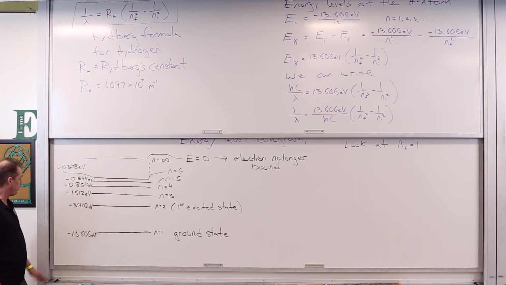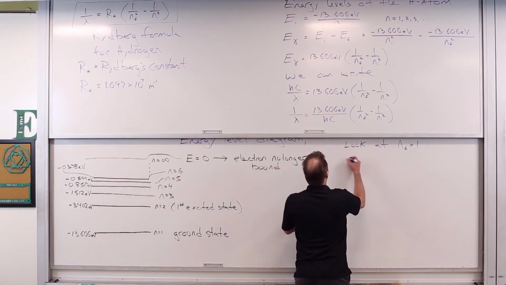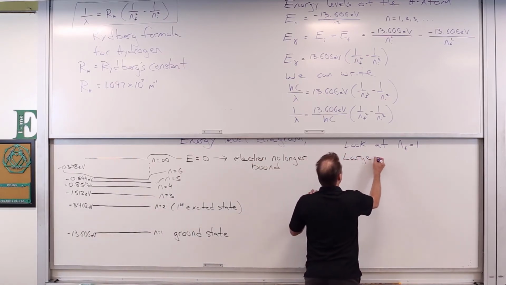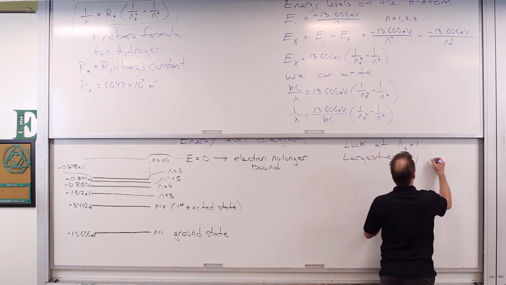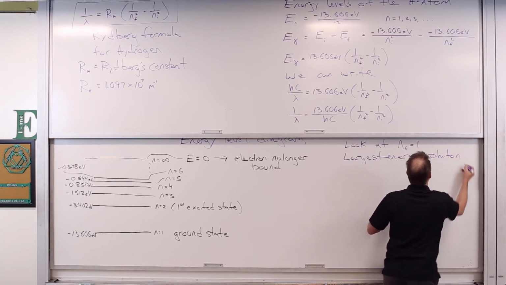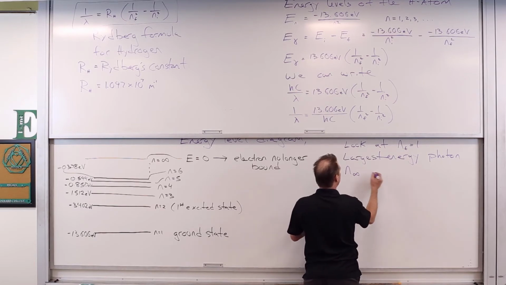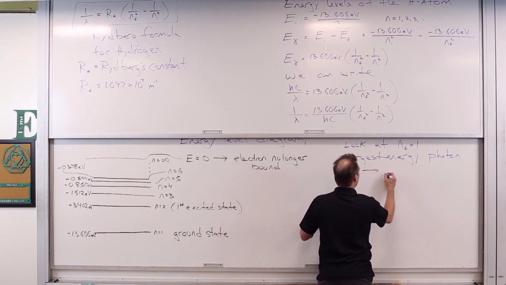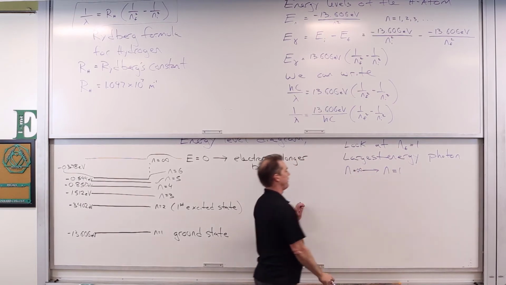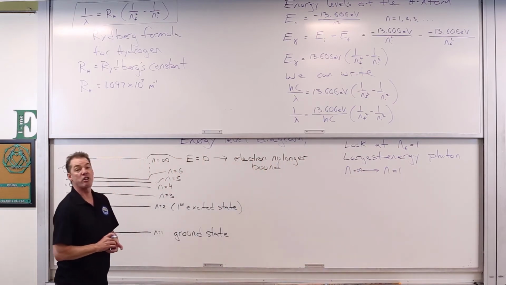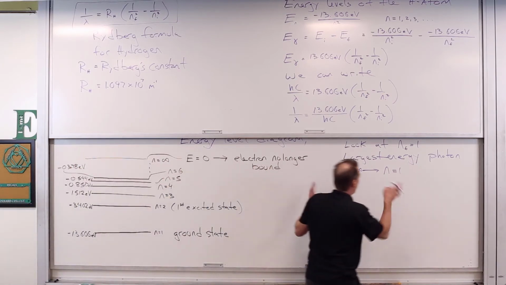The largest energy photon would be going from n equals infinity to n equals 1. That gives us the largest energy level difference, and thus the largest energy photon, because they're proportional to one another.